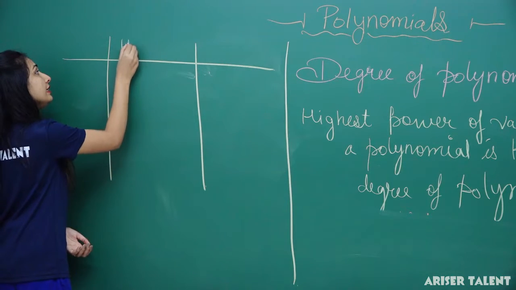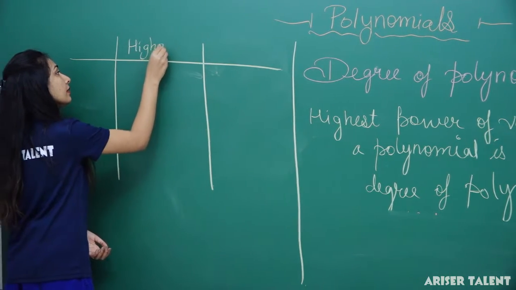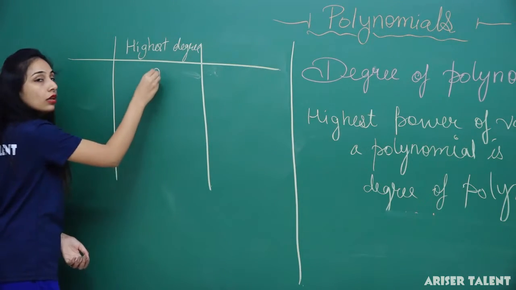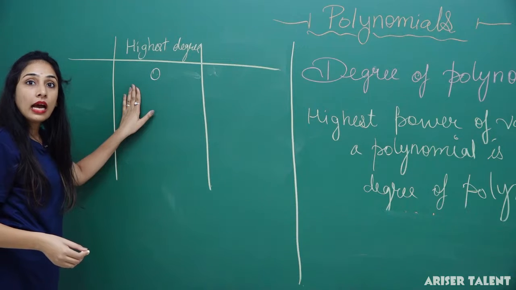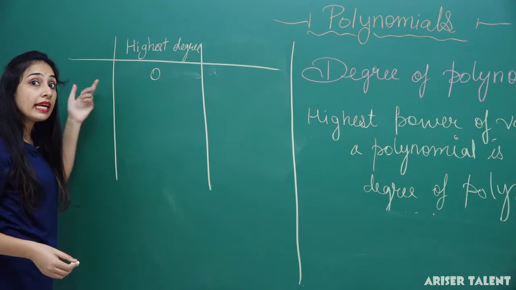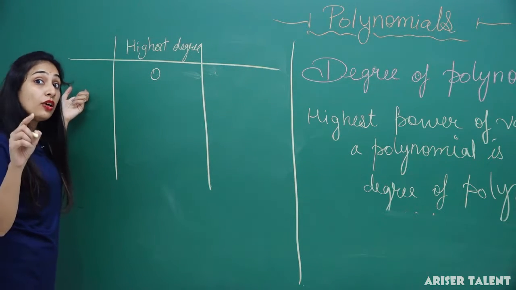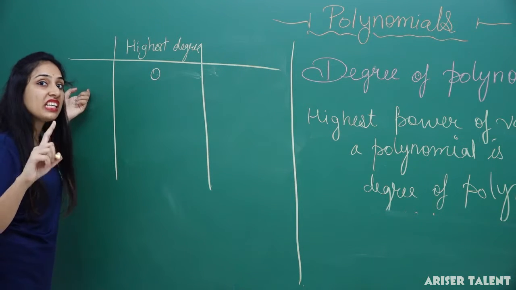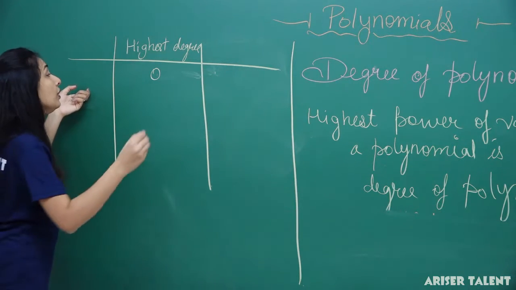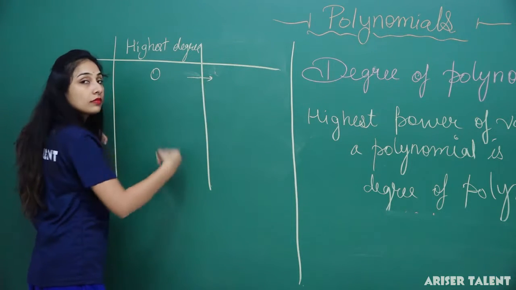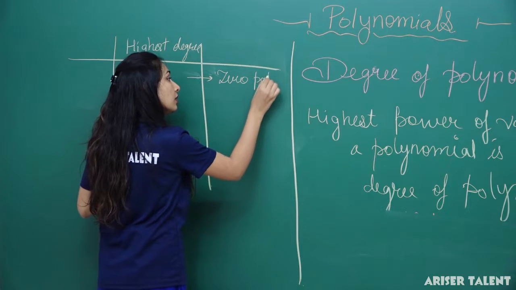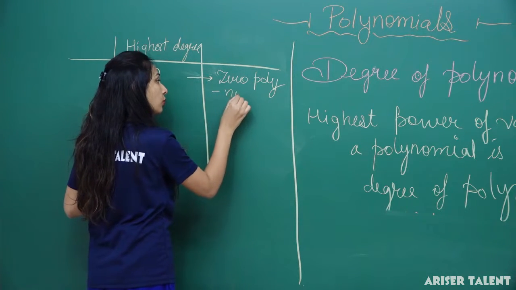If I have the highest degree as 0, then the category will be the category of all constants. We have only one term and that one term is basically a constant term. So that will be called a zero polynomial.